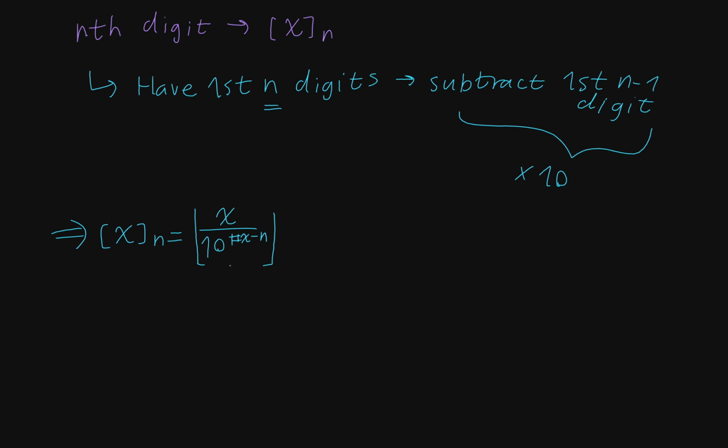Now here we have basically the first n digits, and now we want to subtract off 10 times the first n minus 1 digits. So that'll just be 10 times the same thing, x over 10 to the digit count of x minus n minus 1, which basically turns into digit count of x minus n plus 1. So that's what we have, digit count of x minus n plus 1. And so now we have the nth digit well defined.